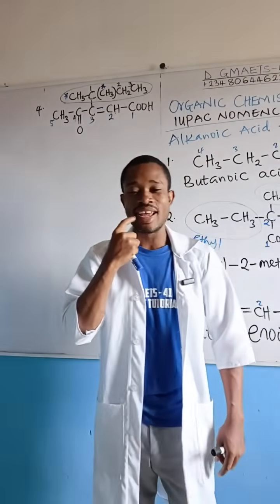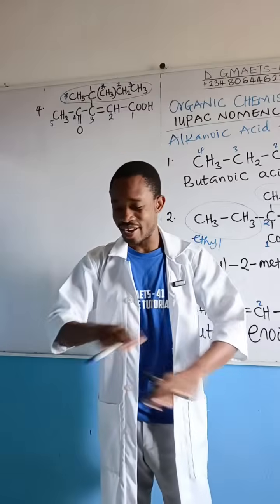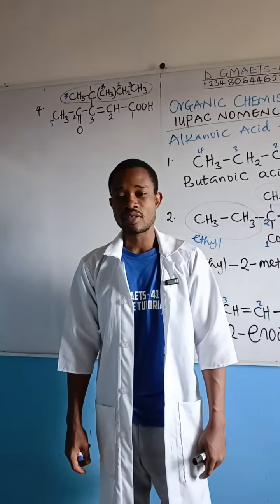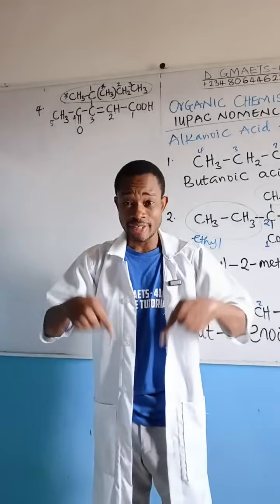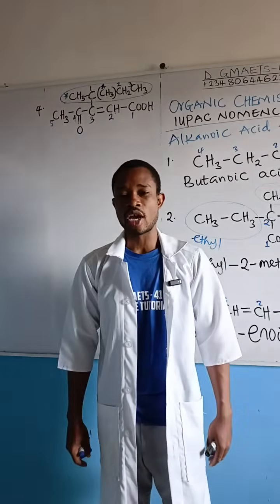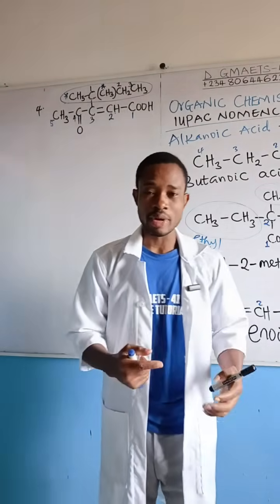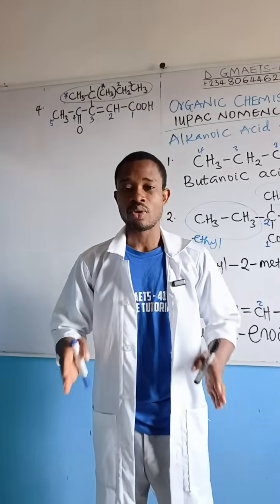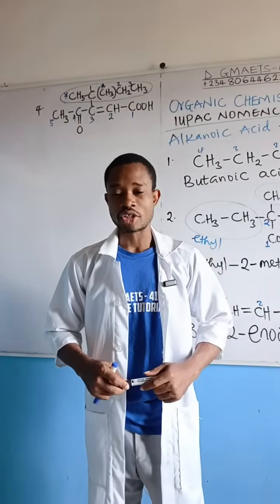In fact, in the lesson under alkane, IUPAC nomenclature of alkane, I broke down this concept very well, and you can do well to visit the GMAETS 41's playlist on this channel, all right? At the end of the class, to learn more about that concept of attachment on an attachment, substituent on the substituent, I broke down everything you need to know about such type of structure.